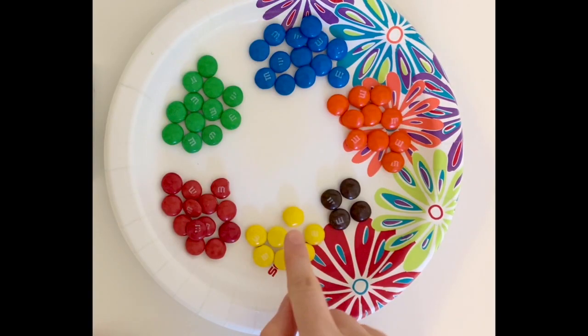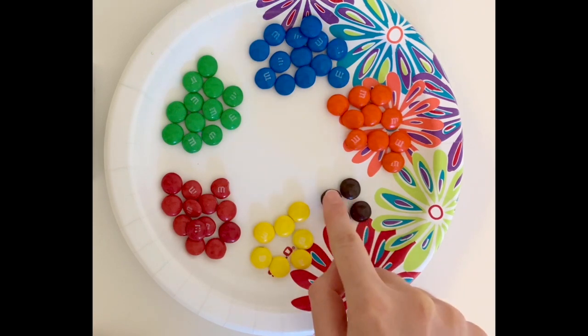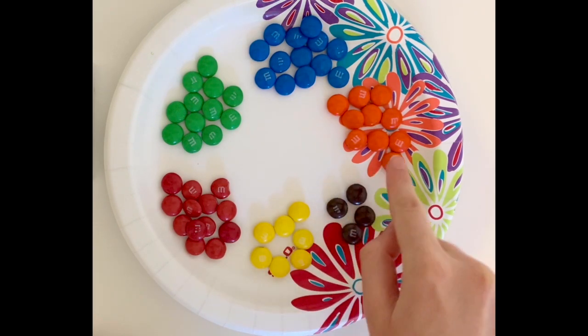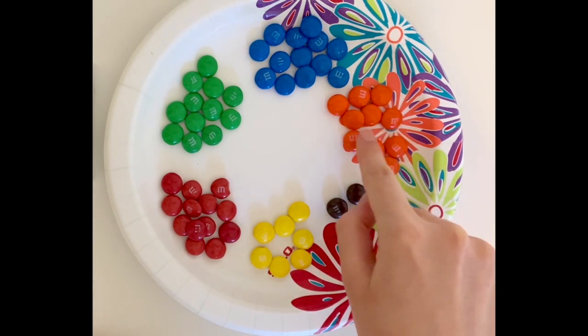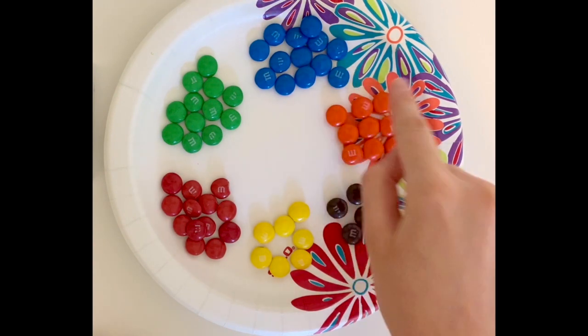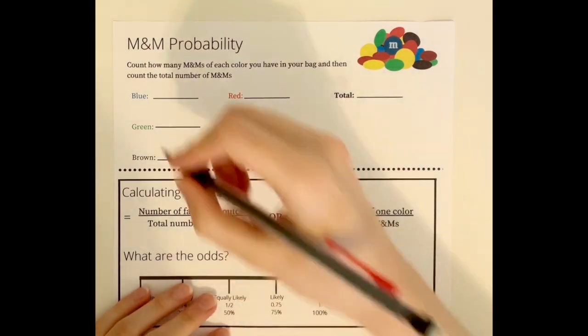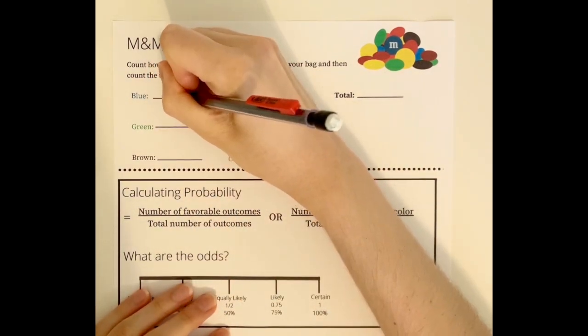Now count how many M&Ms you have of each color and write this down on the top of your M&M probability handout. If you have more than 13 of any one color M&M, feel free to put the extras to the side. You won't be needing them. Now we can count how many M&Ms we have of each color and record them on our M&M probability handout.